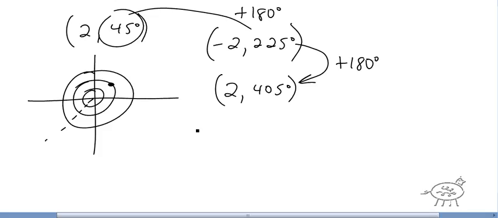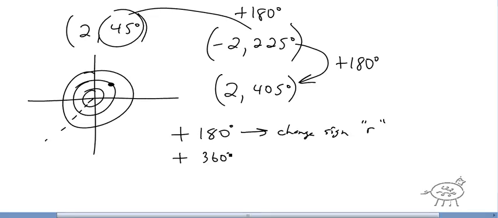If you add 180 degrees, you change the sign of r. If you add 360 degrees, the sign of r is the same. It's just coterminal.